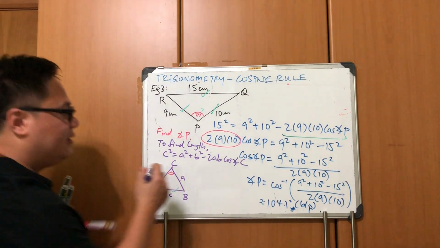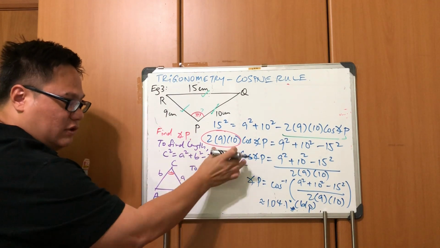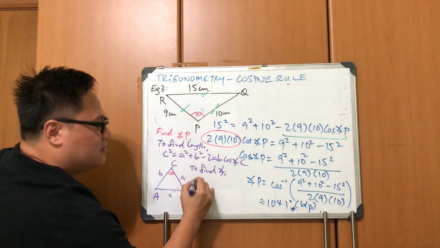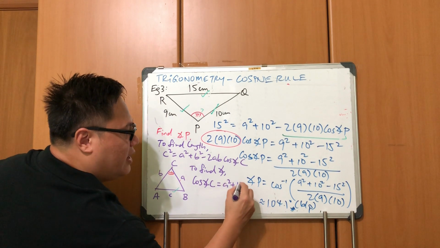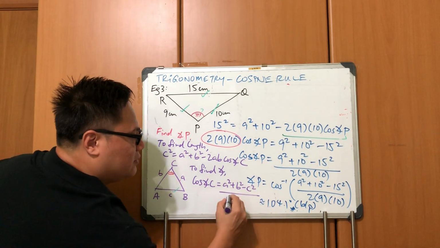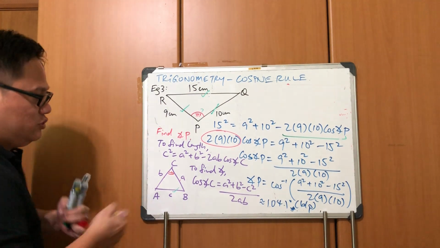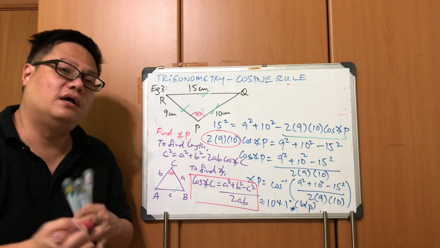To find angle, if you manipulate this, you will always have cosine angle C equals a squared plus b squared minus c squared over 2ab. This is another version of the cosine rule which you can apply straight away to find the angle.